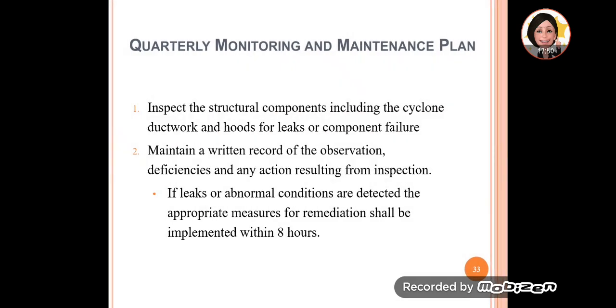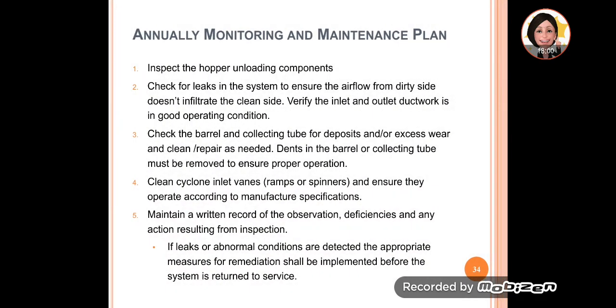And then there is a quarterly monitoring and maintenance plan, where we look into the ductworks and hoods for any leaks or component failures. We also have an annual inspection to look into the whole barrel and the tubes to see if there are any dents or deposits that can affect the efficiency of the cyclone.